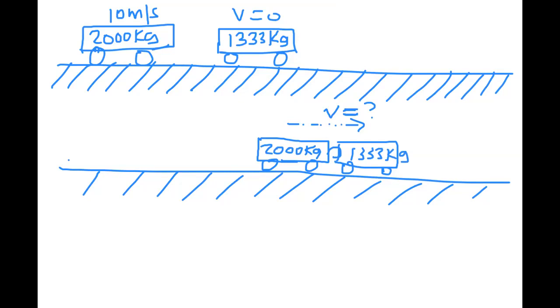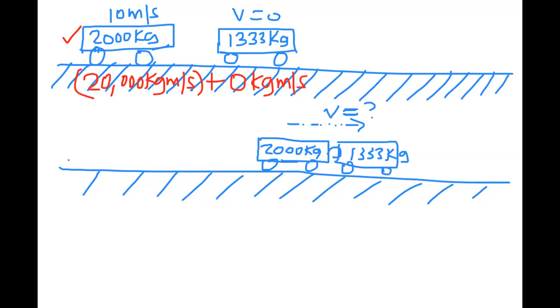We do the same thing. We're going to find momentum for each. For the 2,000 kilogram car, that would be 20,000 kilogram meters per second. And the next one plus this one will be 1,333 kilograms times V. Well, V is 0, so that becomes 0 kilogram meters per second, right?